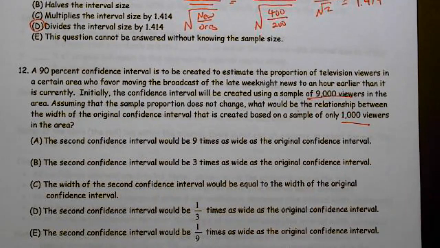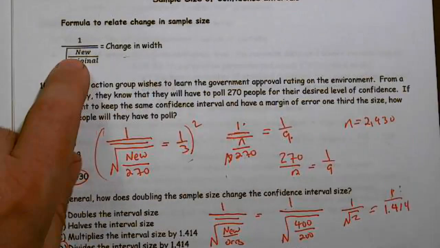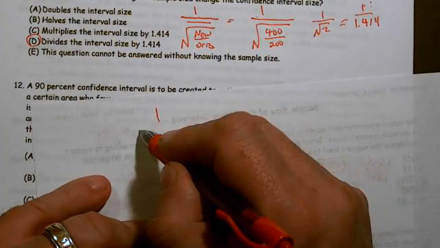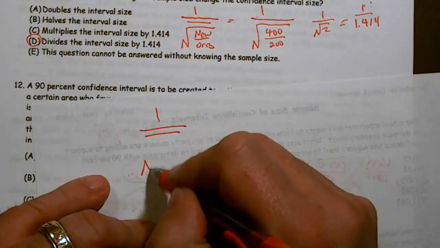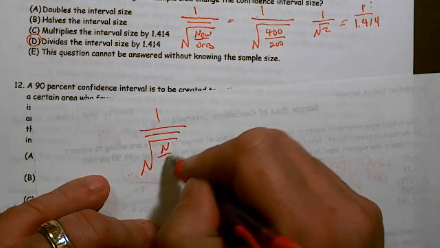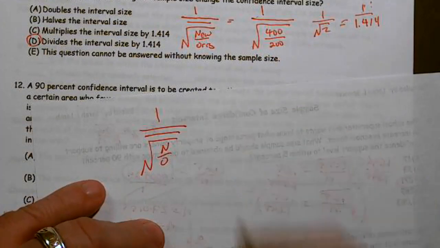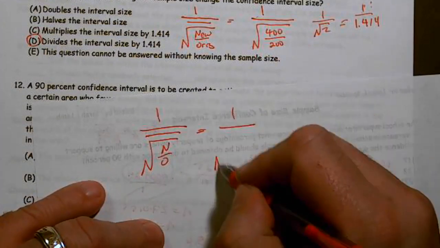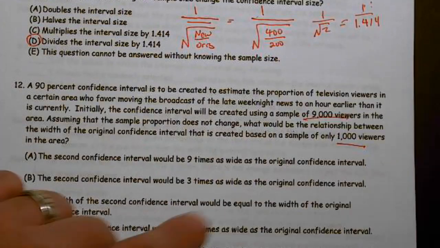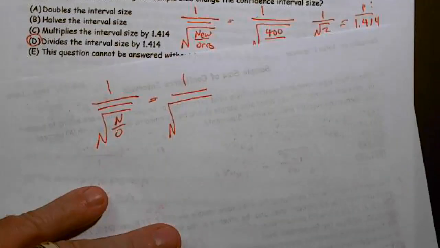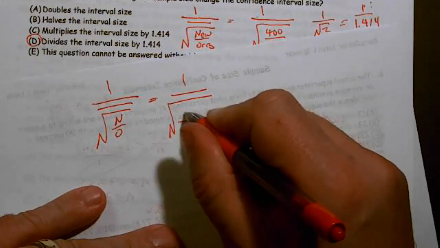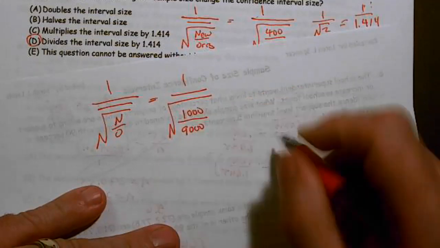So we're going to go back to using this formula. All right, we're going to use this formula. And so we have 1 over the square root of the new over the original. Well, our original was 9,000 and our new is 1,000.